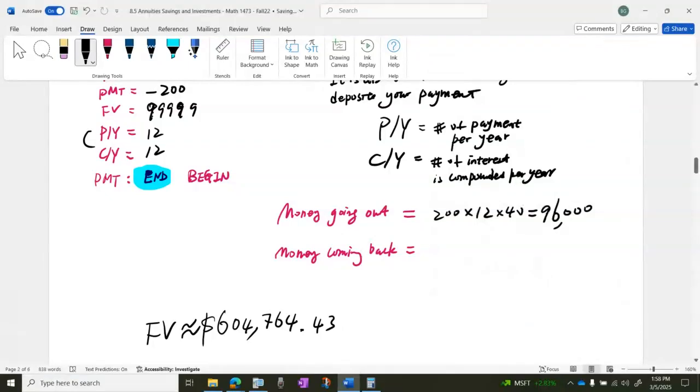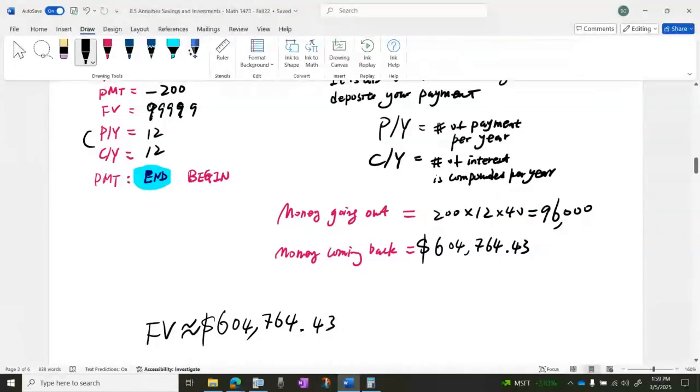Then let's see how much money is coming back in the future. In 40 years, you will have the amount we got from part A: $604,764.43. You have a lot more, about 6 times more.